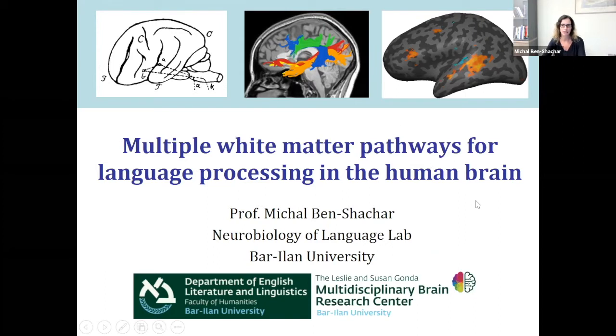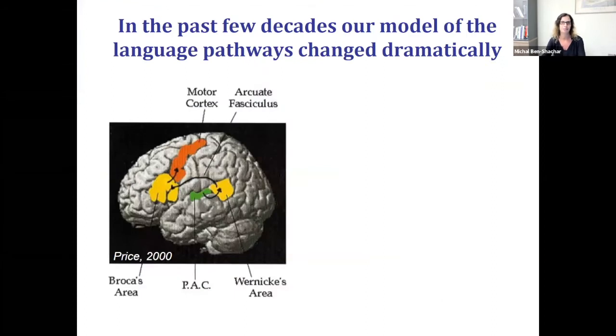And so today I would like to tell you two stories about white matter pathways for language processing in the brain, but we'll start in the beginning. And the beginning was very, very simple.